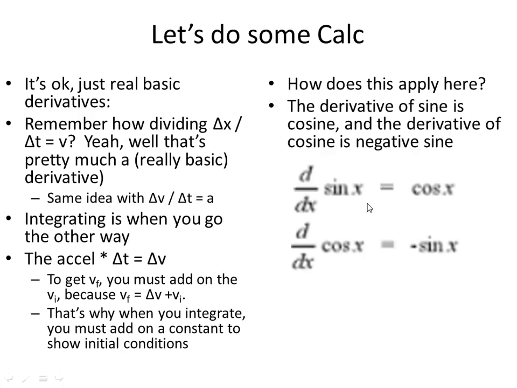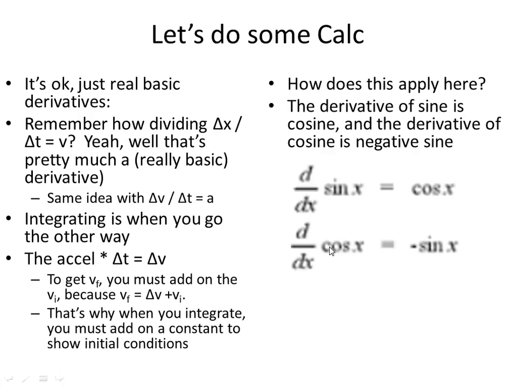This thing means derivative. Derivative of the sine gives us cosine. Derivative of cosine gives us negative sine.